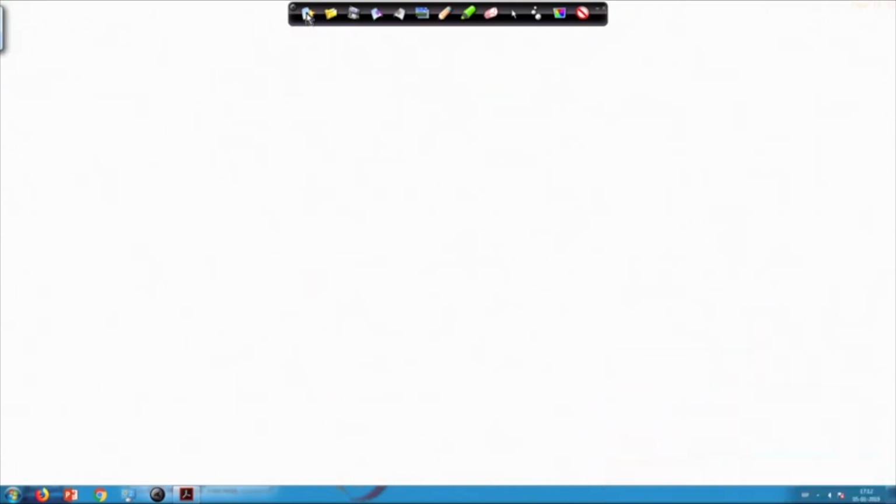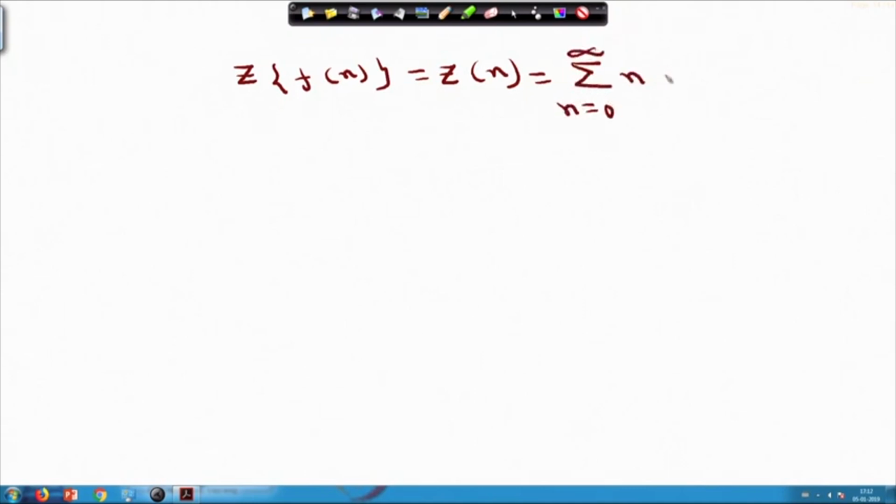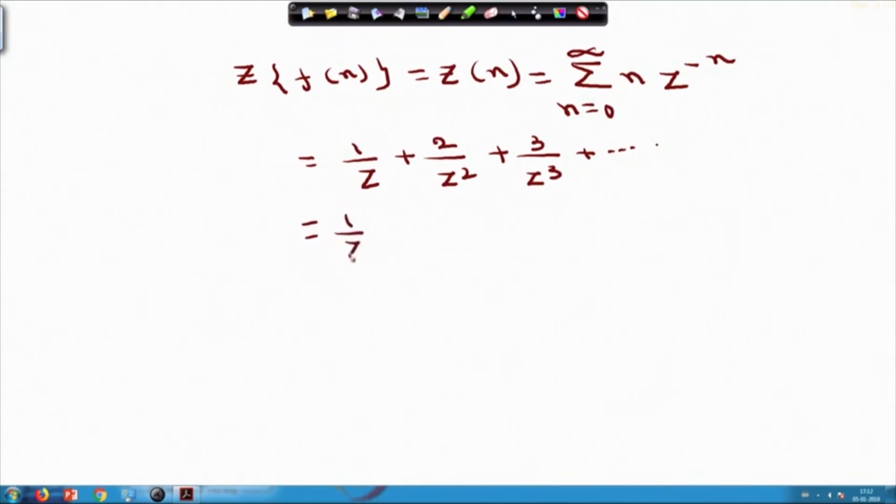Alternatively, if you do not want to do it like this, to find the Z transform of f n, that is n, we can again write from the definition summation n equals 0 to infinity n z to the power minus n. If I simply evaluate it, I will obtain 1 by z plus 2 by z square plus 3 by z cube, and so on. If I take 1 by z common, this will be 1 plus 2 by z plus 3 by z square, like this.